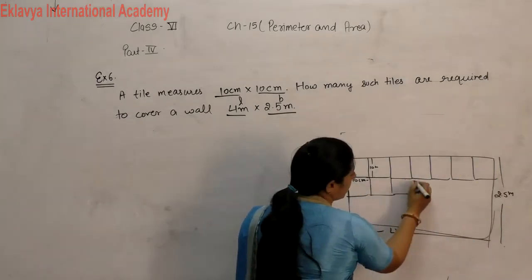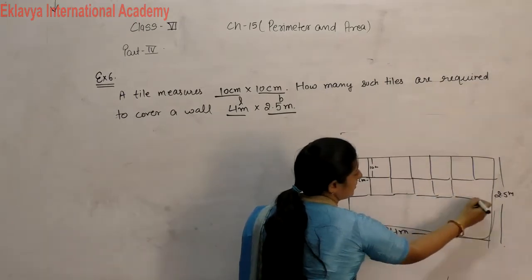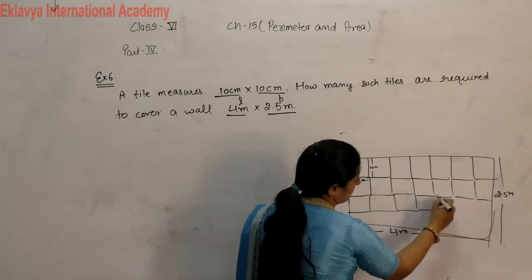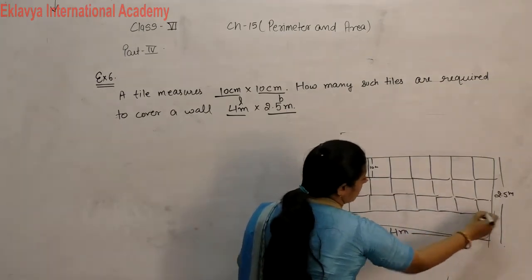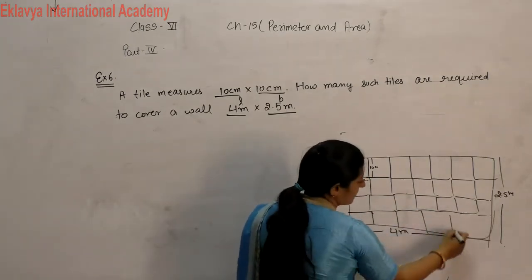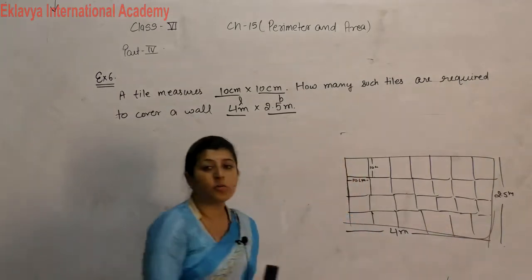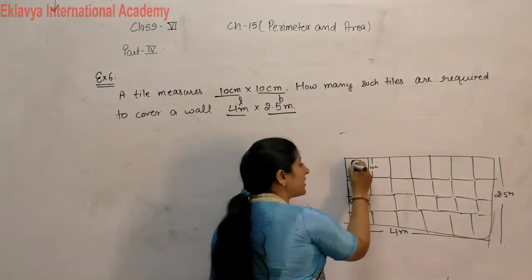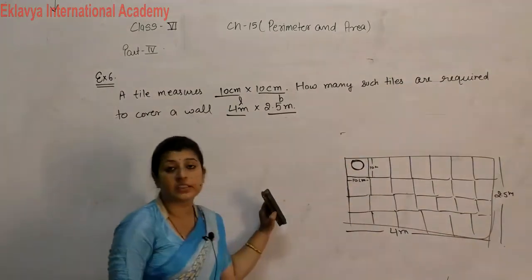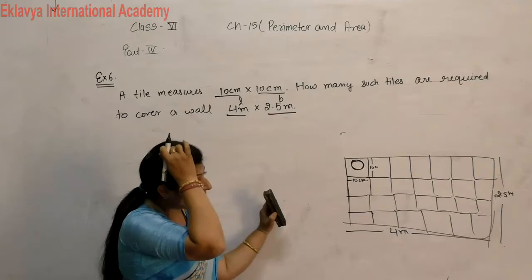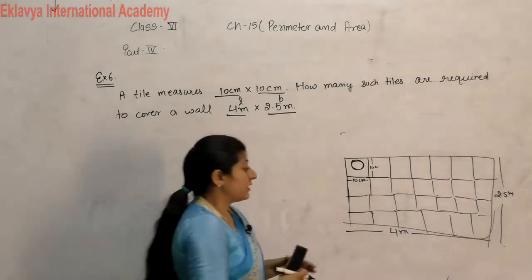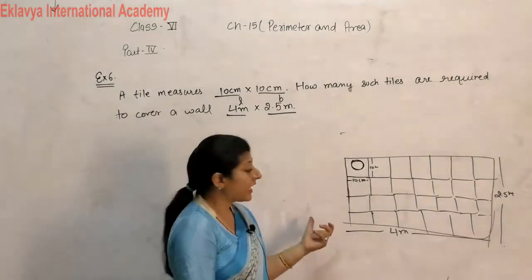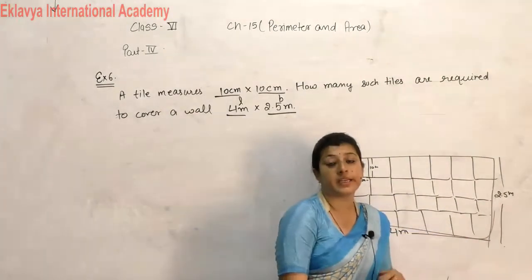How many tiles are needed to cover this wall? So we want to find the number of tiles. How to find it? See, we find how much area one tile covers. The complete area of the wall we can find by length multiplied by breadth.